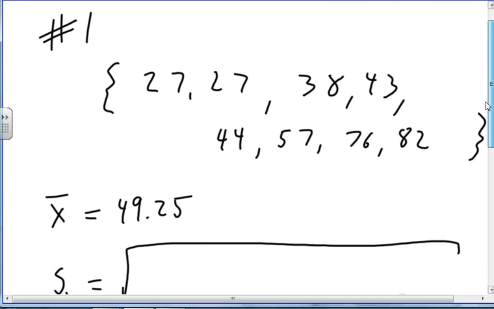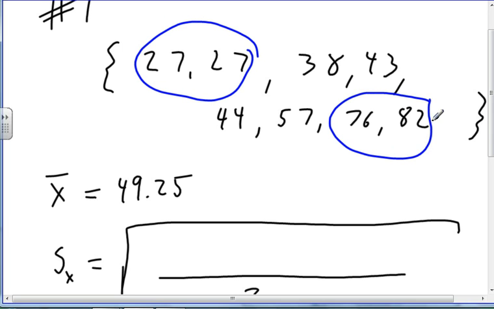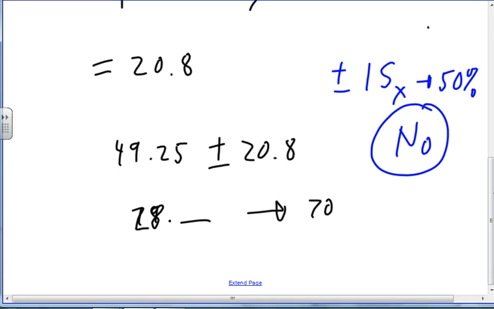All right, that being the case, there's 1, 2, 3, 4 guys not in that range, and there's 4 guys in that range. So that means plus or minus 1 sample deviation, I have 50% in my curve. I'm supposed to have 68.2, so no is the right answer. I don't have enough guys inside to be a normal distribution.